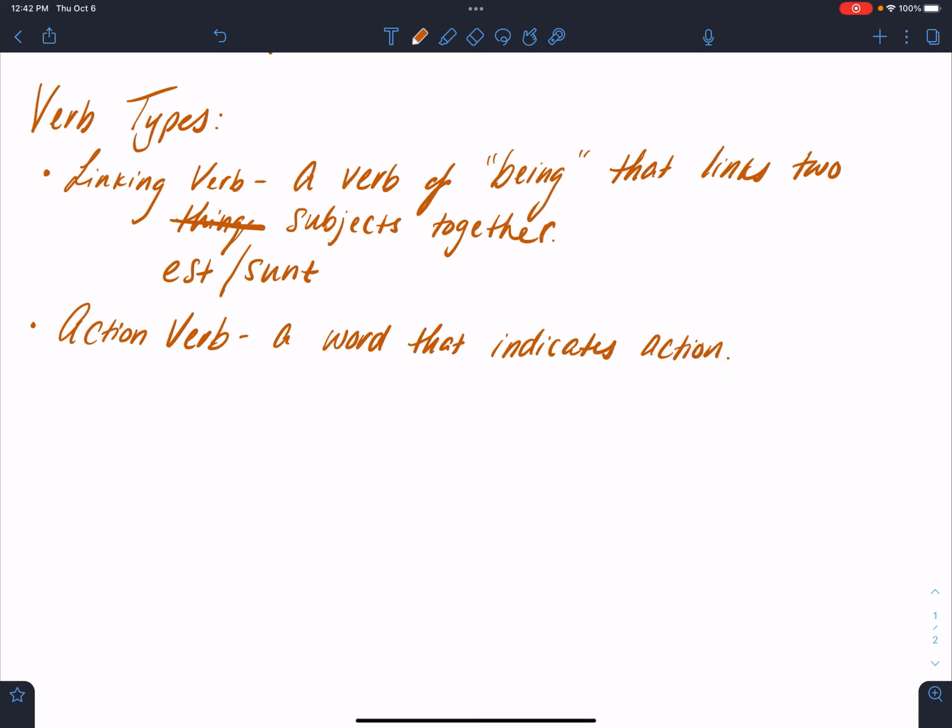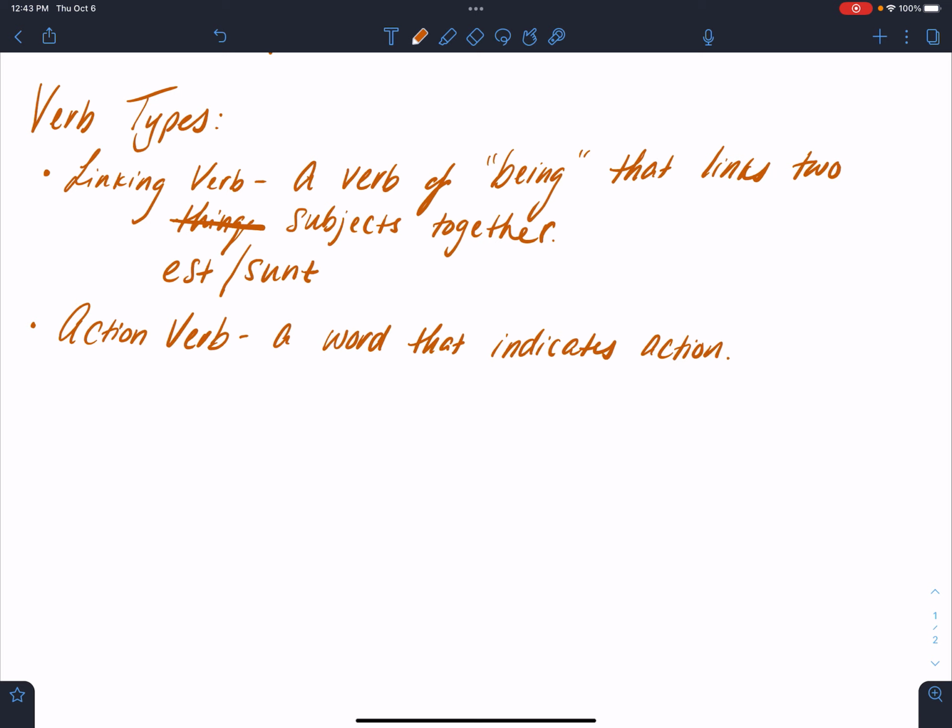Now, in that category, what are the two types of action verbs that can exist? We talked about it with respect to the word trans, meaning across. Do we remember? In other words, can it take a direct object or not?